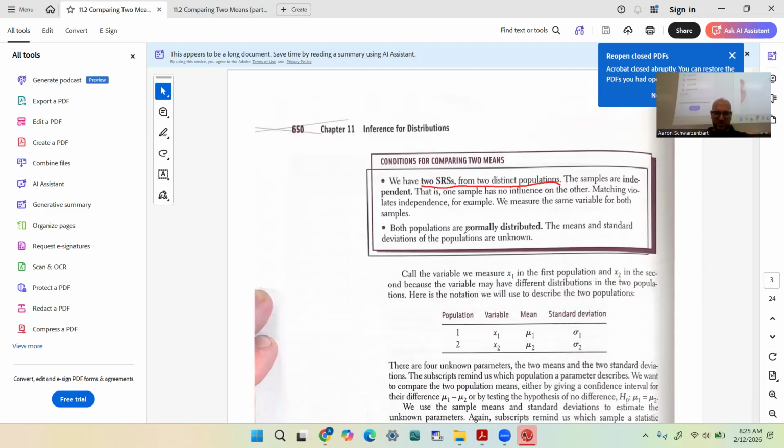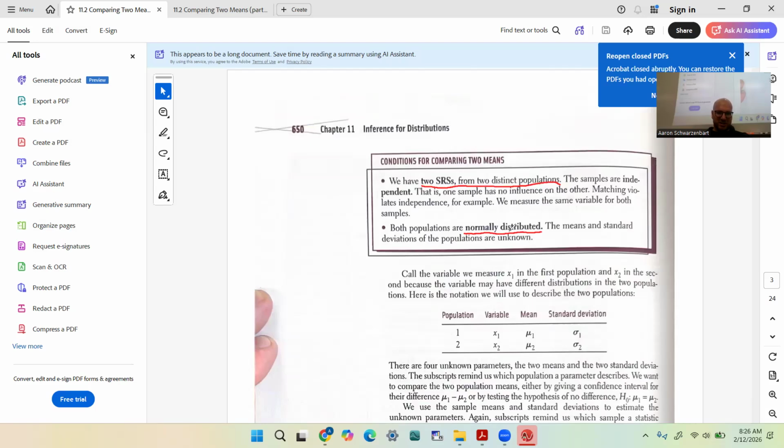Both populations are normally distributed. Means and standard deviations of the populations are unknown. Remember, central limit theorem said it doesn't matter how big with t-tests, 40 or more is normally distributed. The means will be normally distributed for 40 or more.